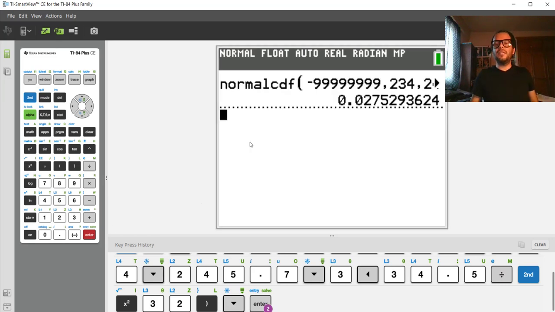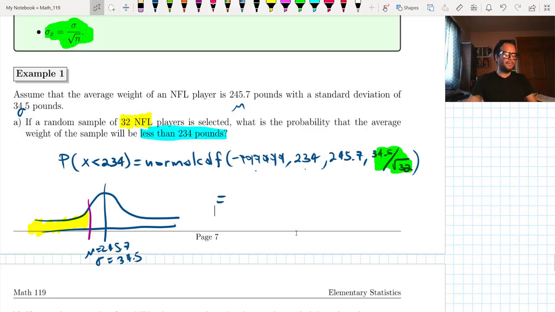That's going to give us 0.0275. Okay, that's basically 2.7%.